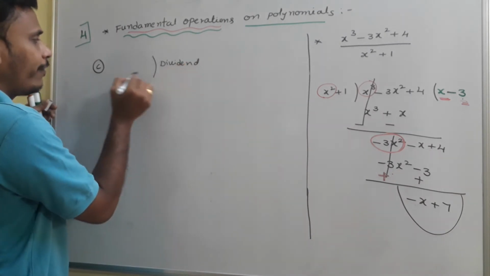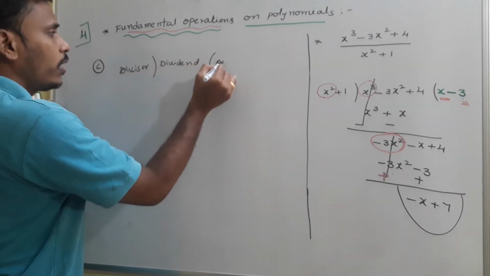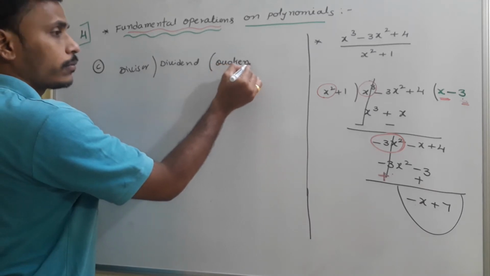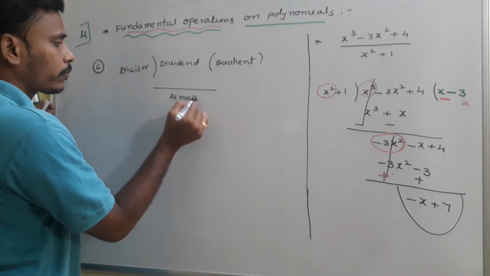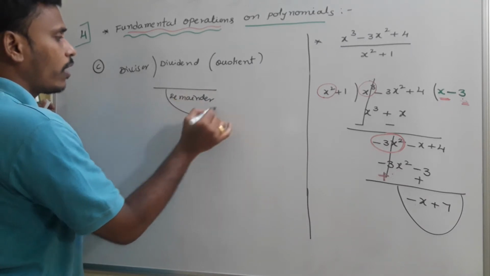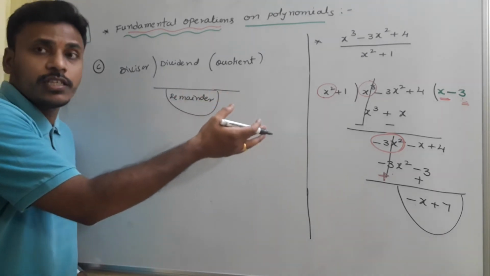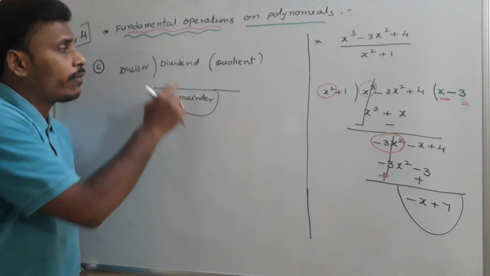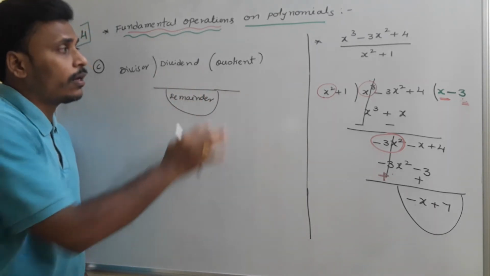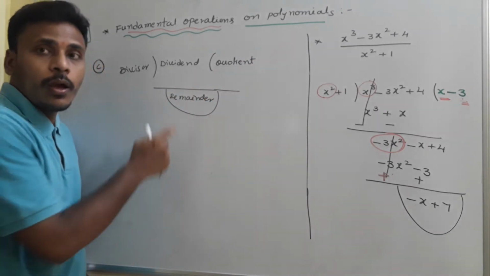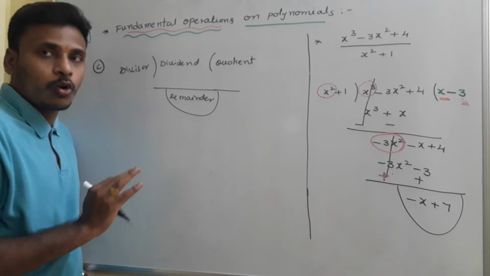We will divide dividend with divisor, and this part is usually considered as quotient, whereas we left with remainder. So these names are very familiar for all of us. Since we are doing division in polynomials, we call this as dividend polynomial, and this is divisor polynomial, and this is quotient polynomial, whereas this is remainder polynomial. Or simply you may say remainder or quotient, no problem.